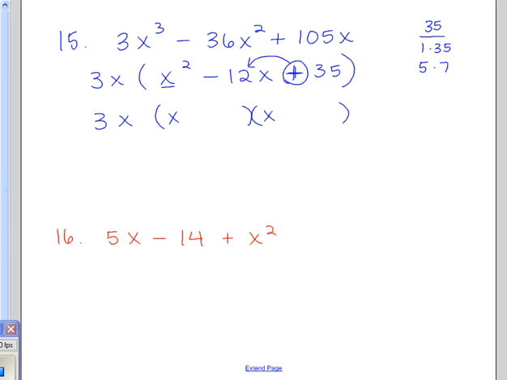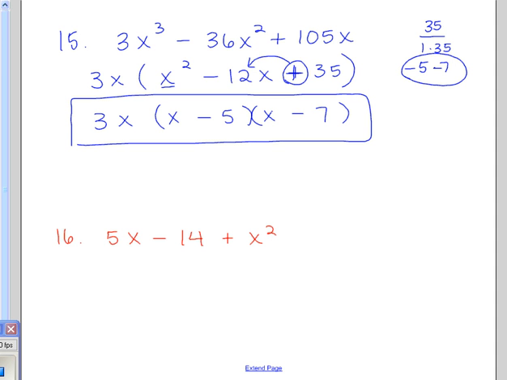So that will be 5 and 7, but the signs will both need to be negative. Remember, if it's a positive, we're looking for what's going to add to give me the middle term. So that would be a negative 5 and a negative 7, which would give you negative 12. So your final answer would be 3x times x minus 5 times x minus 7.